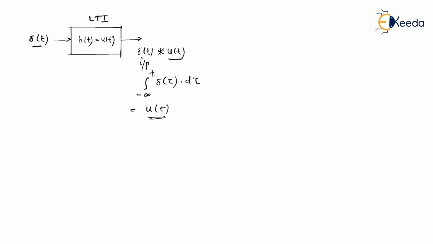Is that right? Or I can just see it in another way. Whenever del of t gets convolved with u of t, this is equivalent to u of t convolved with del of t. It is one and the same thing, right? So whenever any input gets convolved with delta function, it remains same. So of course output is u of t only.